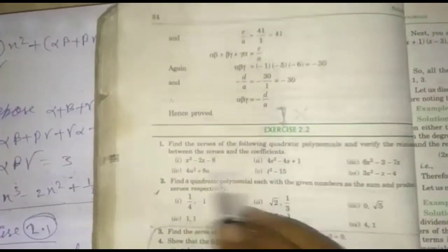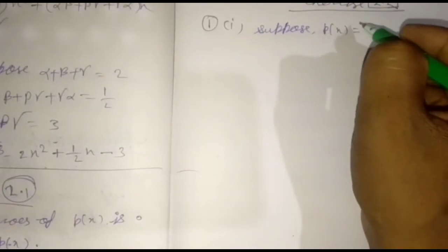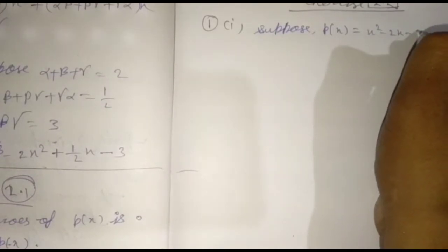Our first question is x squared minus 2x minus 8. So we will suppose p(x) equals x squared minus 2x minus 8.